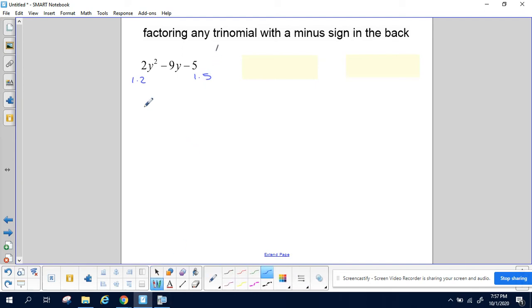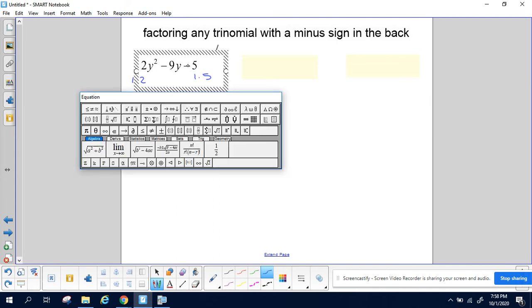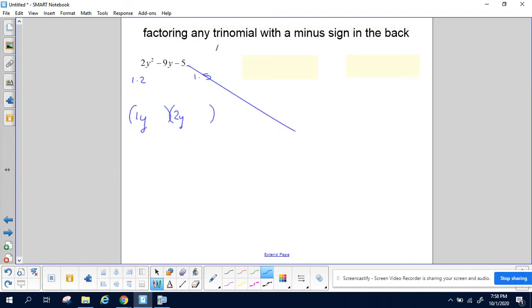And make your 2 parentheses. Put your 1, this time it's a y, and 2y. Decide if it's better to put 1, 5 or 5, 1, but be careful. This time it's a minus sign in the back.